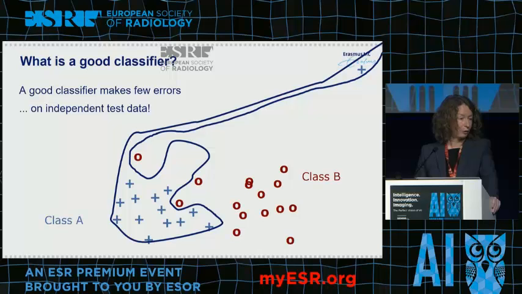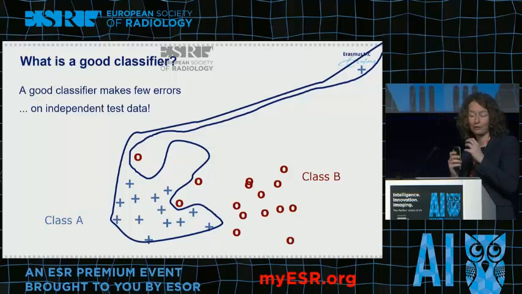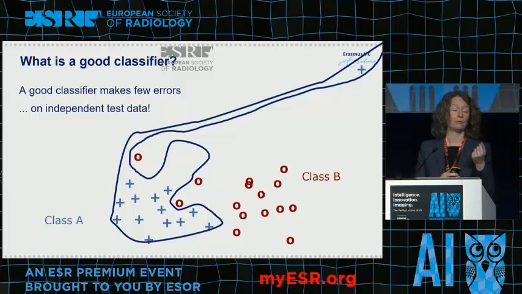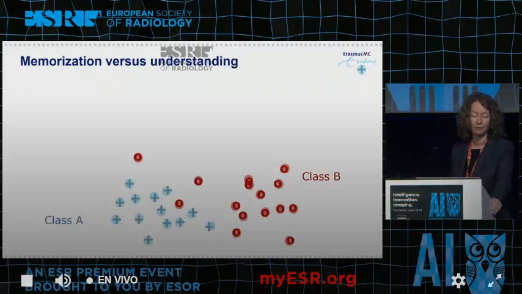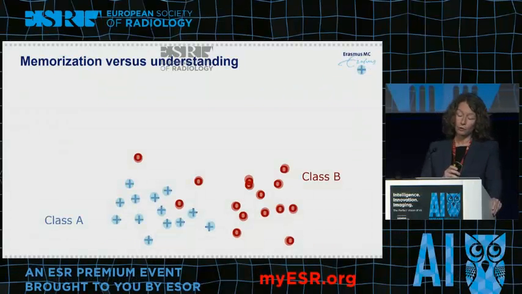So if we make very complex classifiers that can classify all points in our training data correctly, we have a problem. So a good classifier makes few errors on unseen test data. And it uses the training data, but it does not just memorize it, but extracts general concepts that help it solve the same classification on new data.